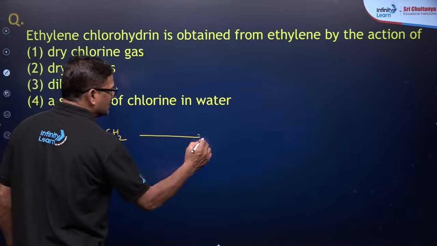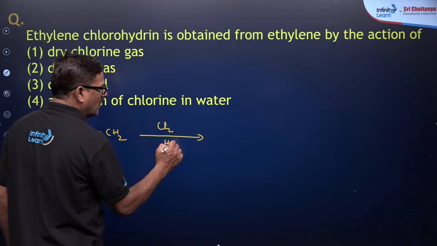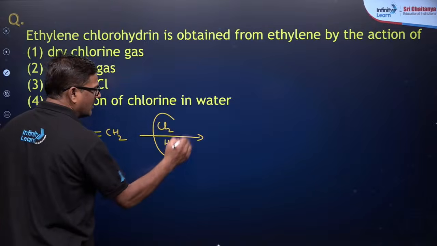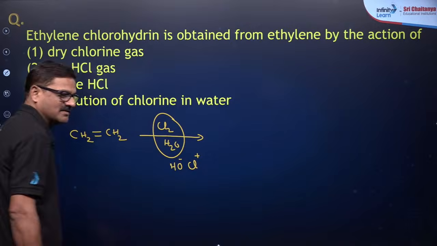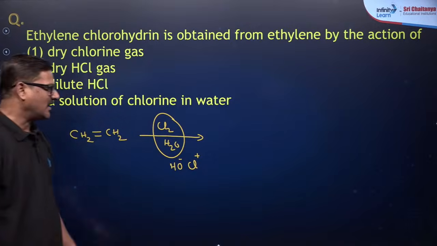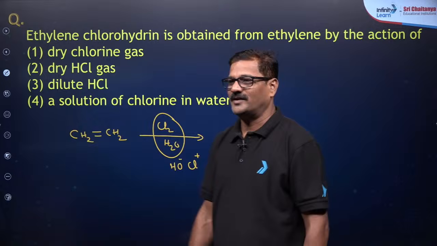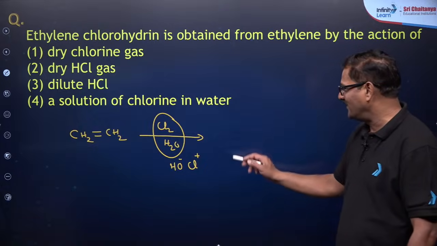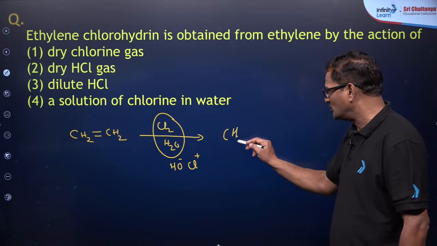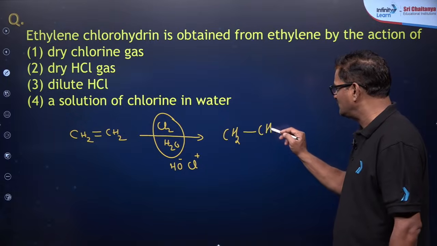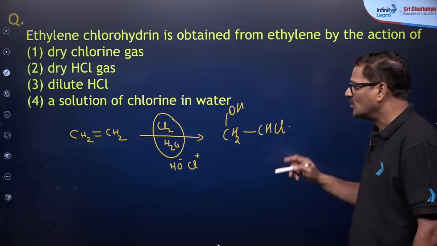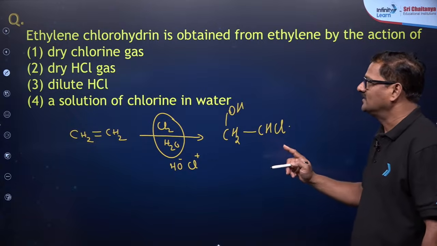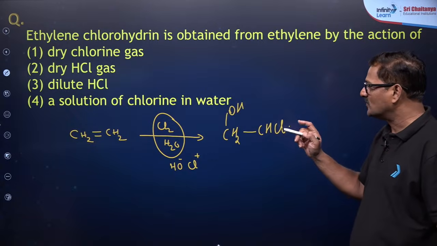When it is treated with Cl2 in the presence of water, you are going to get HOCl. HOCl means Cl plus and OH minus. So, it is an electrophilic addition reaction. It is going to be CH2 and CH2 with OH and Cl, ethylene chlorohydrin. So, dilute solution of chlorine in water.